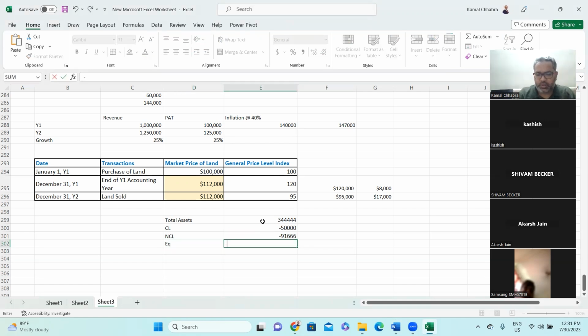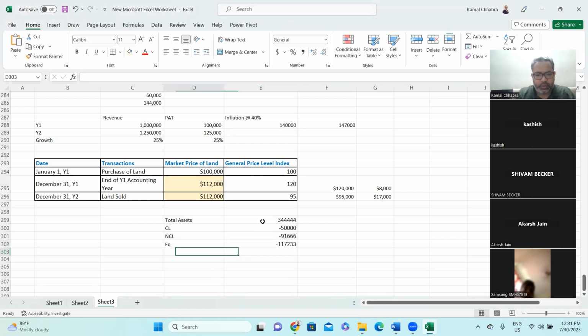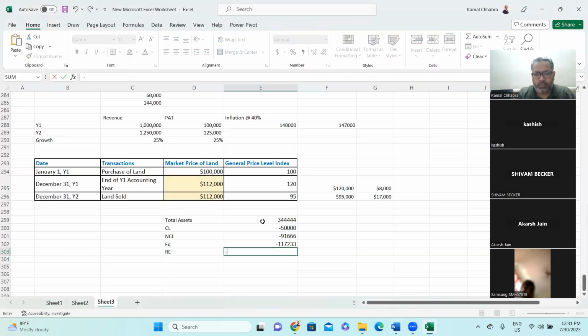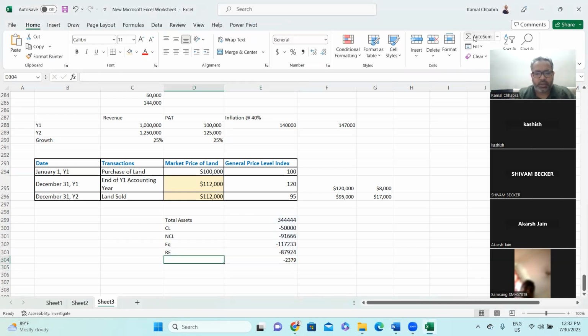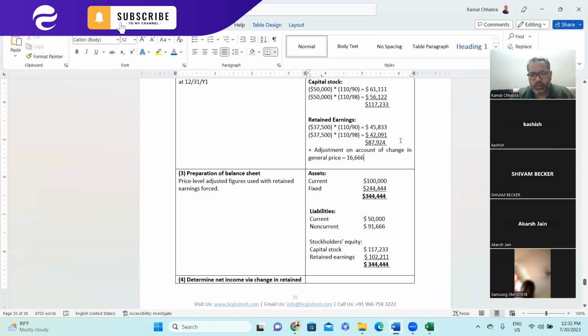How much is it? Minus 117,233, right? Then you already have retained earning, which is 87,924 minus 87,924. So it will be negative. So it will be a loss, right? 2,379 will be the loss. So adjustment on account of change in general price index will be this.